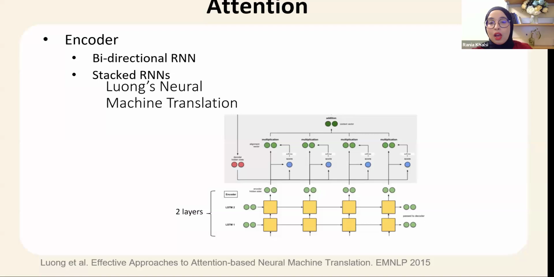Then there is another work, which you can find again in this link. It was proposed afterward to further improve the results. This architecture is Luong's neural machine translation, and here we can see two layers.